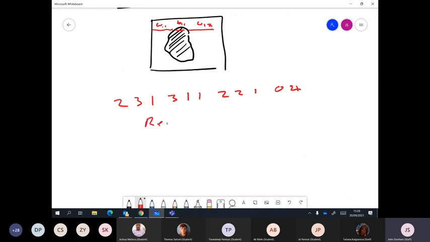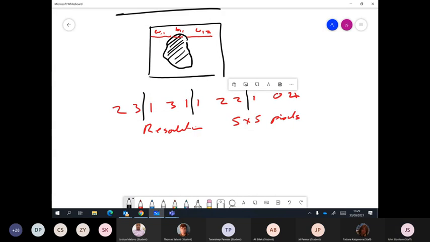So the resolution is 5 by 5 cells, pixels. Now, taking that run code, we divide it into runs of 5, which is going to be 2 and 3 is 5, 1, 3 and 1 is 5, 1, 2, 2 is 5, 1, oops, that's gone wrong. Let's take a naught out there. Let's have a naught 5.